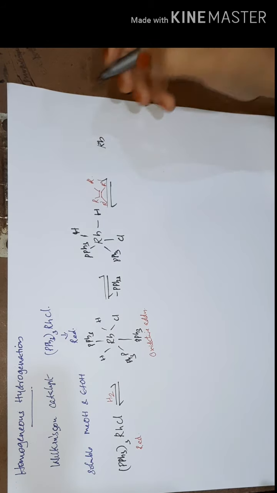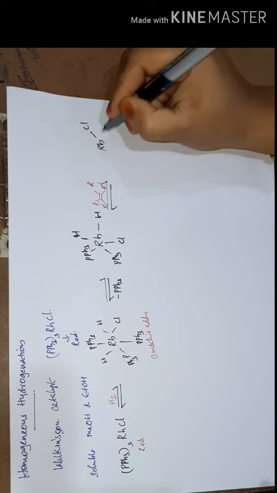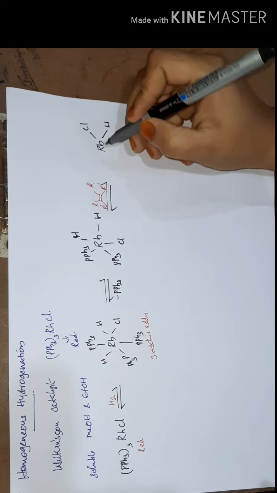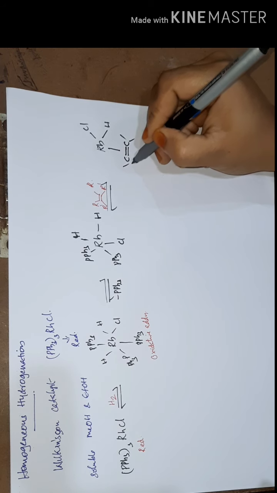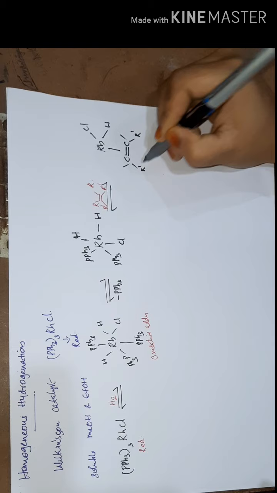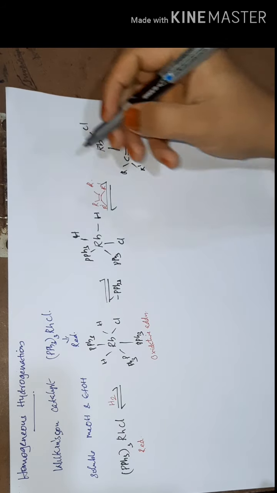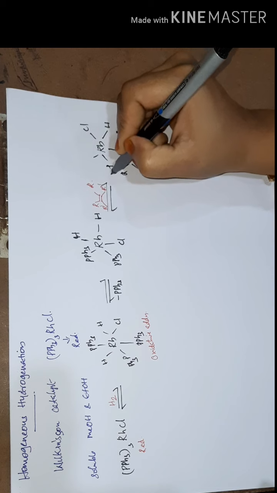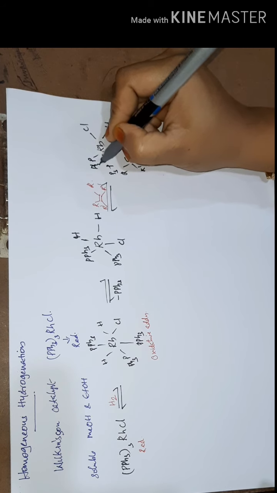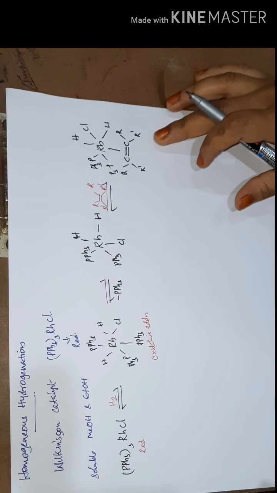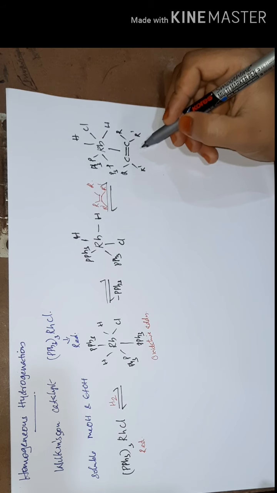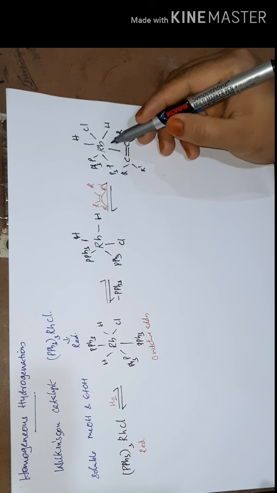The rhodium, chlorine, hydrogen, and here the coordinatively added hydrocarbon. From this coordinatively added hydrocarbon, a type of rearrangement takes place to form a Rh-C bond.